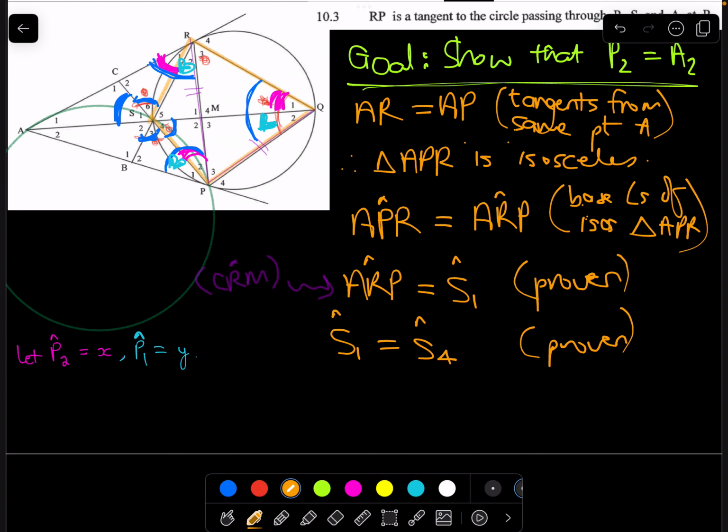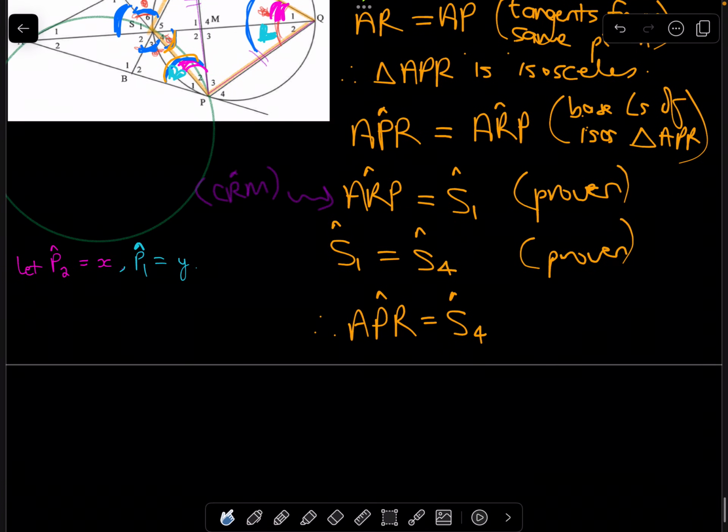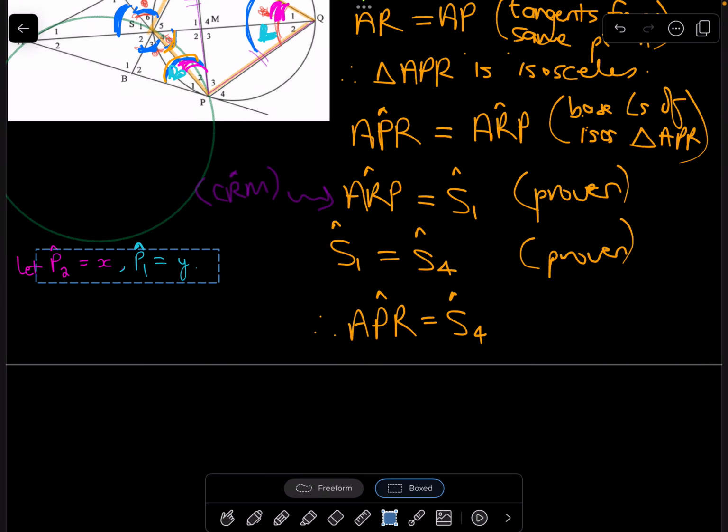And so therefore, this helped us to arrive at the point of saying that angle APR is equal to angle S4. So this guy is equal to that guy. Right. And so now we can say this little bit here.